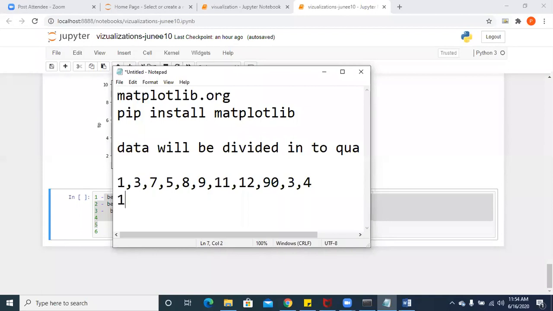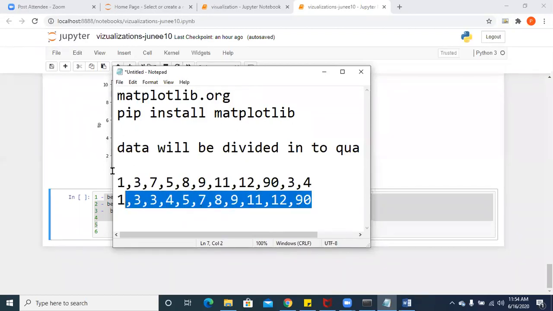So 1, 3, 3, 4, 5, 7, 8, 9, 11, 12, 90. I have two threes, right?